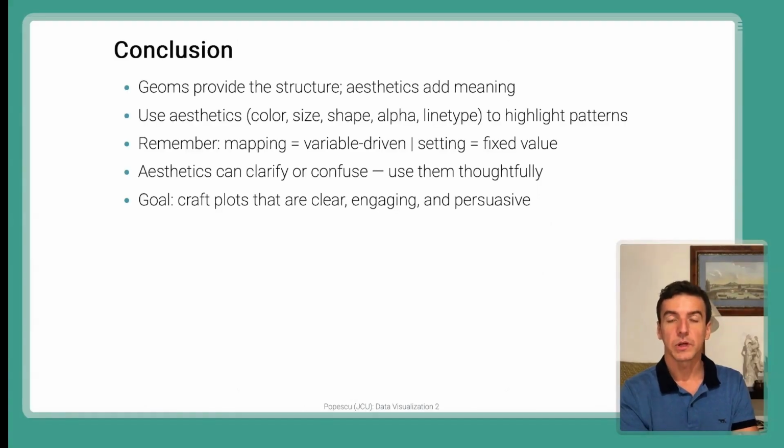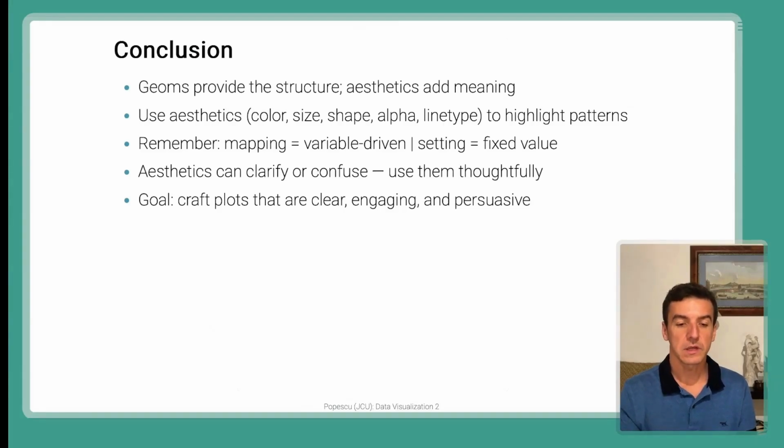Okay, what have we learned? In the past lecture, we looked at simple and complex geoms that provide the structure. This session, we focused on aesthetics. So aesthetics are the kind of thing that provide meaning to our graphs. We can use things like color, size, shape, transparency, line type in order to highlight different patterns in our graphics.